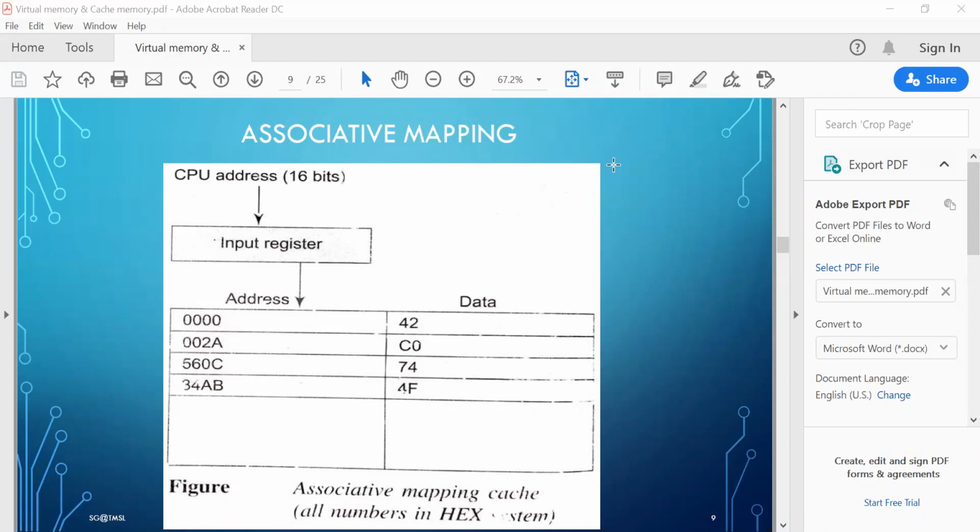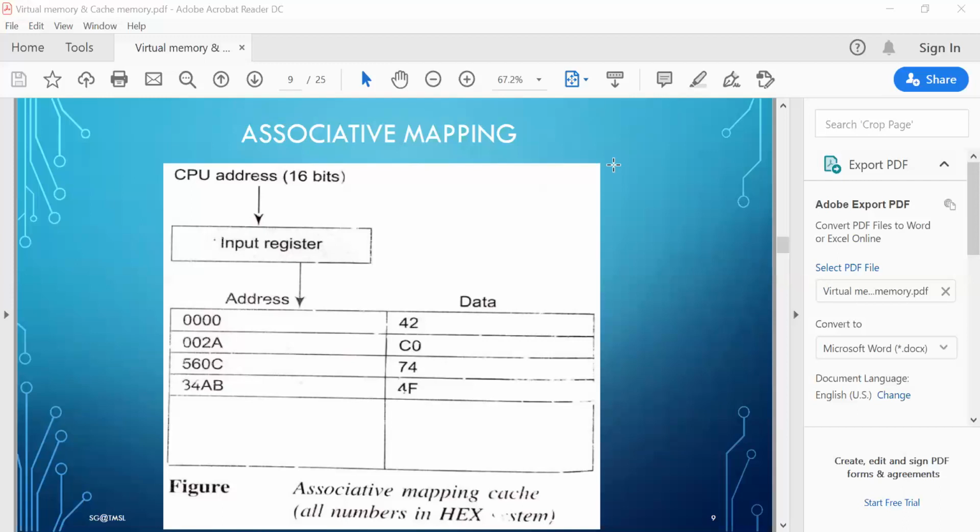I will discuss these two algorithms later after a certain slide. So old data must be replaced by the new data bytes.